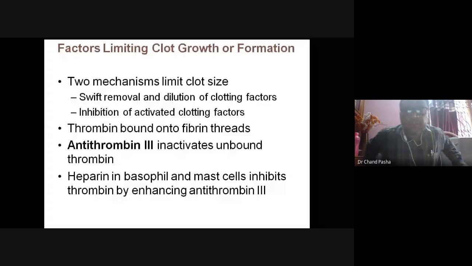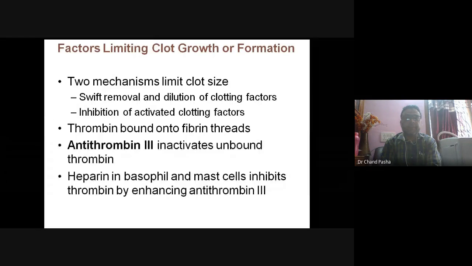You should know that heparin inhibits thrombin by enhancing antithrombin 3. Prothrombin is converted into thrombin, and this conversion process is blocked by antithrombin factor 3, which is promoted by heparin.